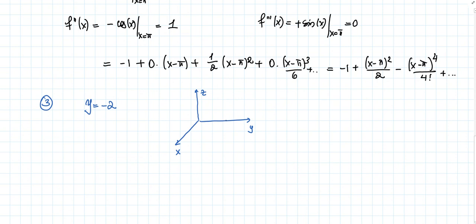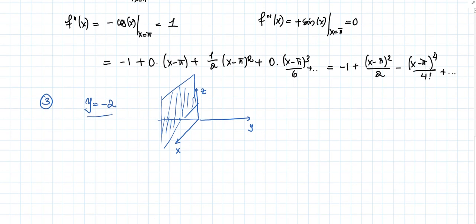So the y direction is this one, right? If you go in this direction, you're going to have minus 2 somewhere here. Okay? So all the points on this plane are going to have the y coordinates equal to minus 2. So no matter, you can choose any x values for your points and any z values for your points, but you need to just fix the y coordinates of your points. Okay? So all the points on this plane are going to have y coordinates equal to minus 2. So when we write y is equal to minus 2 in 3D, it means the plane.